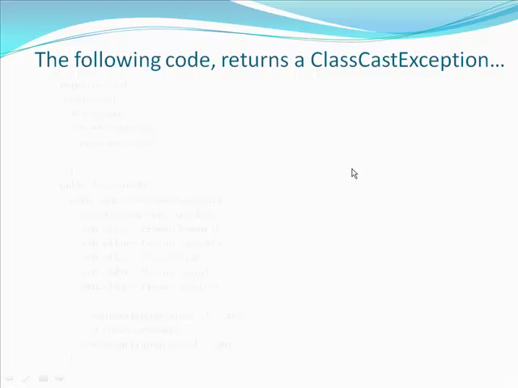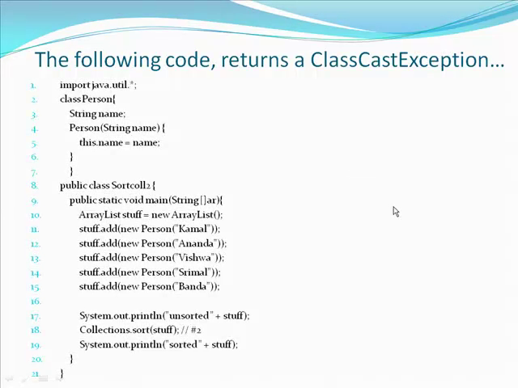So let's examine another code. Here we declare two classes called Person and SortCalledTo. Inside the SortCalledTo class, in line number 10 we declare and initialize an ArrayList called stuff. In lines number 11, 12, 13, 14 and 15 we add 5 Person class objects to the ArrayList called stuff.